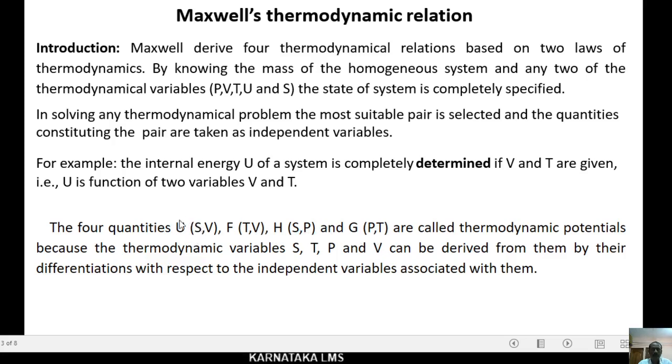That means internal energy as a function of entropy and volume, and the Helmholtz free energy as a function of temperature and volume, and enthalpy as a function of entropy and pressure, and Gibbs function as a function of pressure and temperature are called thermodynamic potentials because the thermodynamic variables entropy, temperature, pressure and volume can be derived from them by their differentiations with respect to the independent variables associated with them.